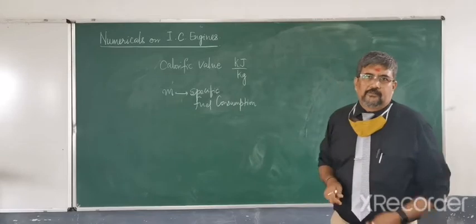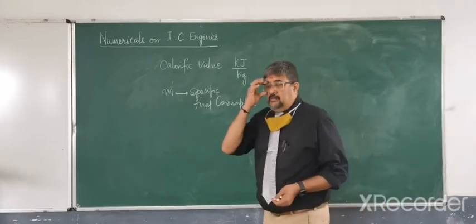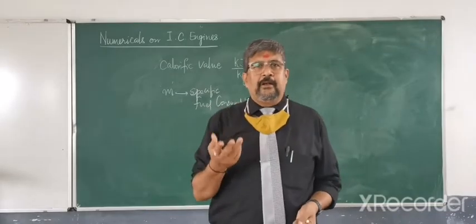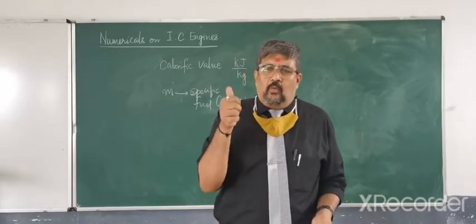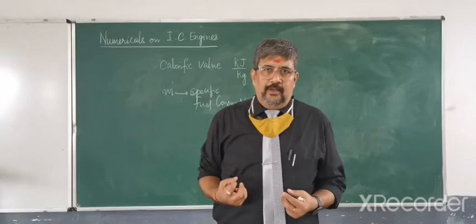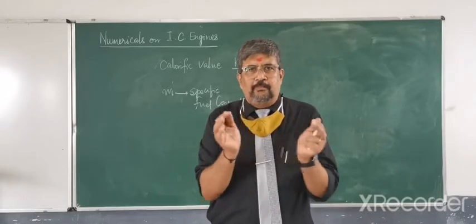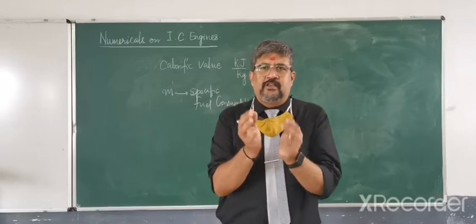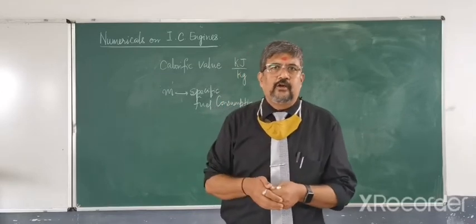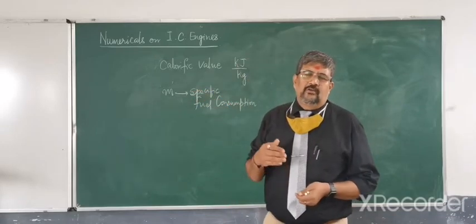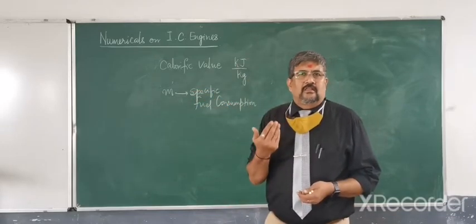specific fuel consumption, because how much energy is produced inside the cylinder will depend on two important parameters. One, how much fuel are you consuming, and the second is the calorific value of the fuel. These two put together give you the amount of energy released by the fuel itself. Based on these two, we define what is known as the thermal efficiency.